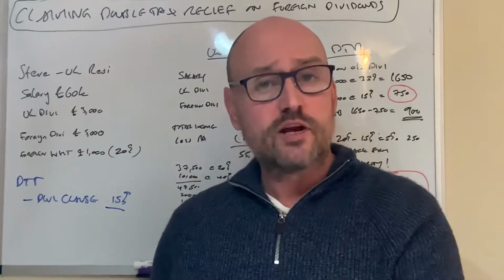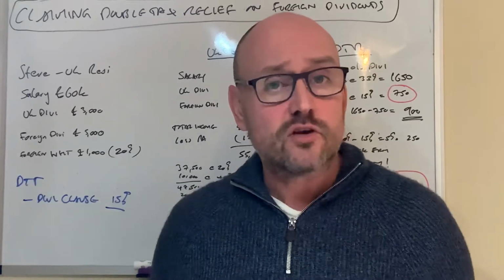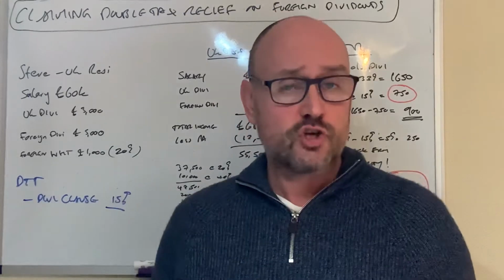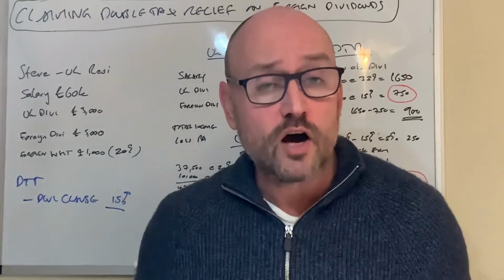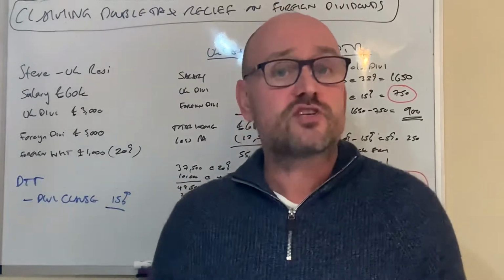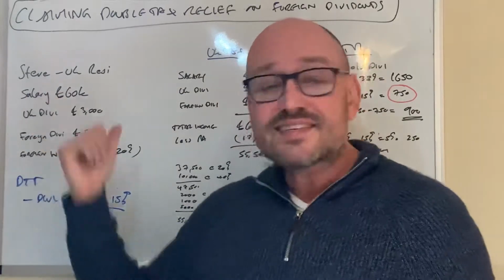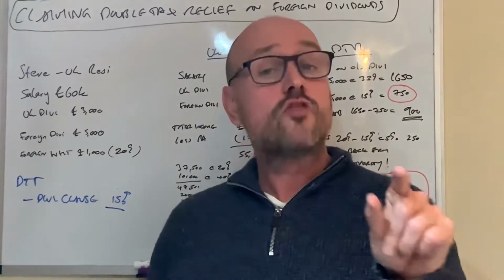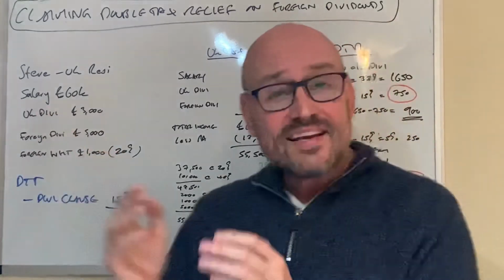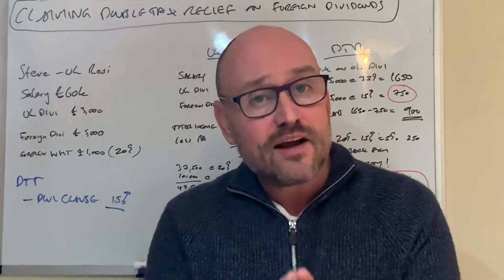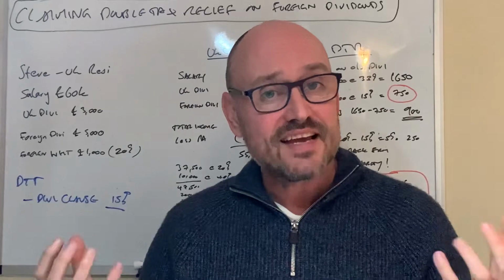So I've done separate videos on that in terms of tax efficient holdings for investments. You'd always choose to put your money into ISAs and pensions over non-tax efficient wrappers. But just for the purpose of this example, this guy's got 3,000 of dividends that aren't in a pension or an ISA. And he's also got £5,000 of overseas dividends.